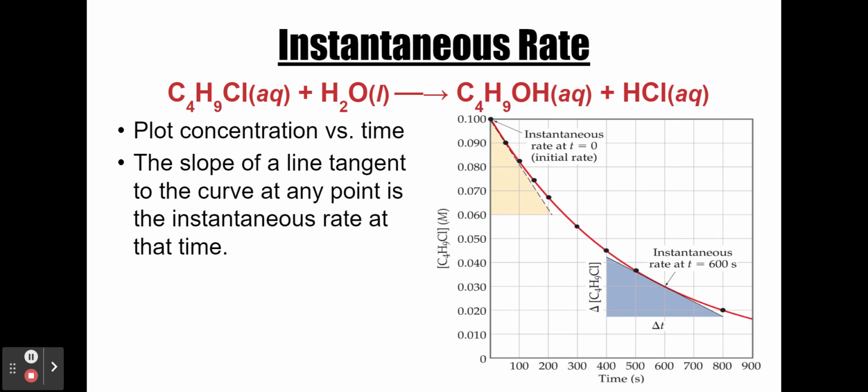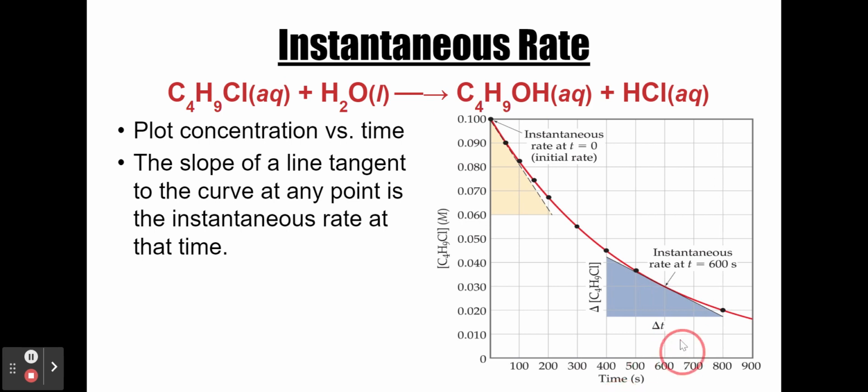The slope of the tangent line at the point of interest gives us the instantaneous rate at that time. So if we're interested in the instantaneous rate of change in our reactant at time 0, we need a tangent line at that point at time 0 and do our little triangle.